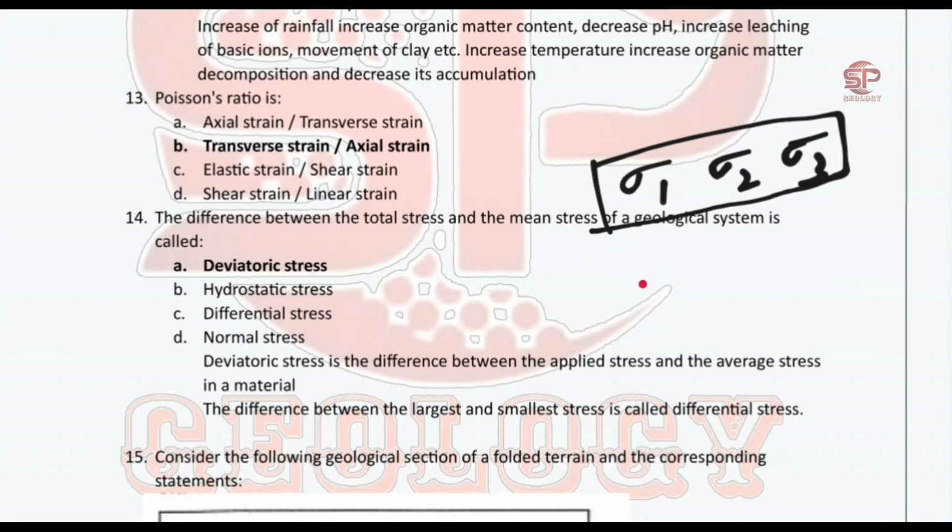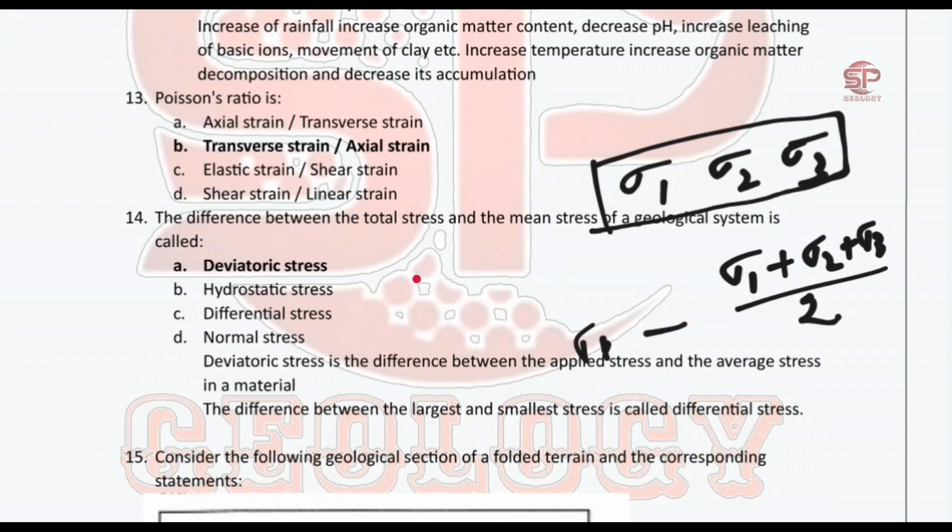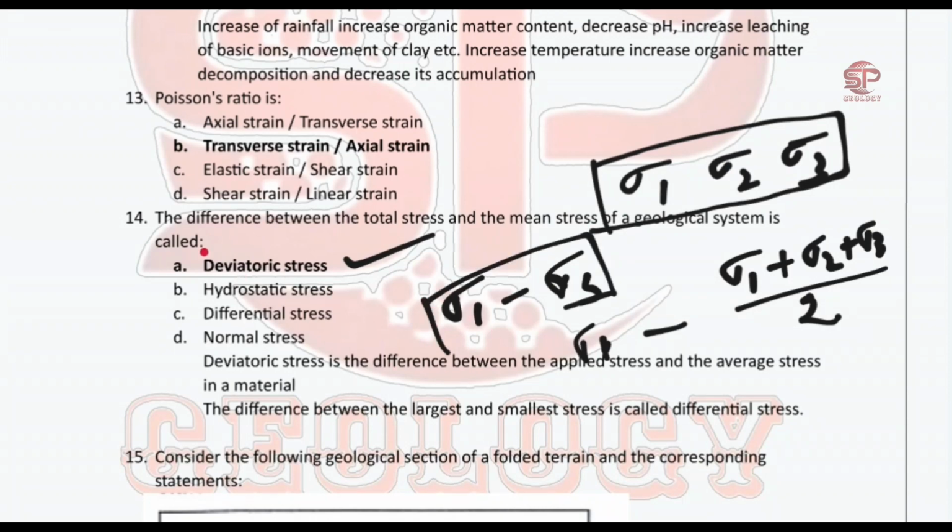When you take the mean stress, that is sigma 1 plus sigma 2 plus sigma 3 by 3, sigma 1 minus this mean stress will be the deviatoric stress. And hydrostatic stress is when all the stresses are equal. Then differential stress is the difference between maximum and minimum stress, sigma 1 minus sigma 3. So according to the question, the answer will be deviatoric stress.